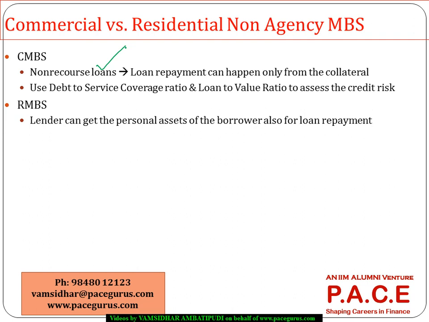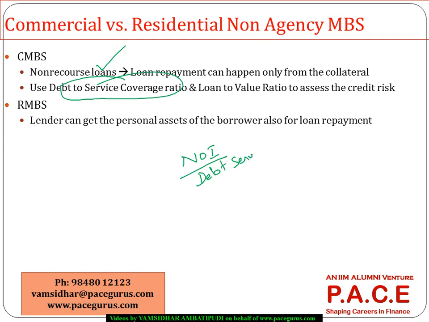For that reason, different ratios are looked at to assess the creditworthiness of the commercial mortgage backed security. There is a typical lookout for the debt service coverage ratio, wherein we look at the net operating income generated out of those properties divided by the debt service.